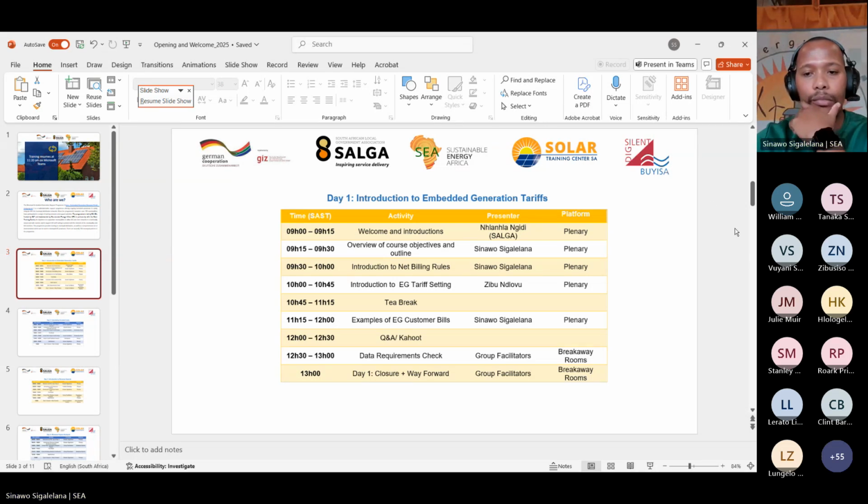Zibu, how many questions do you have there for a quick quiz, sir? Because I'm thinking we might have to prioritize data requirements. I think I had about 8 or so, but looking at our time, we could jump into the data requirements also.